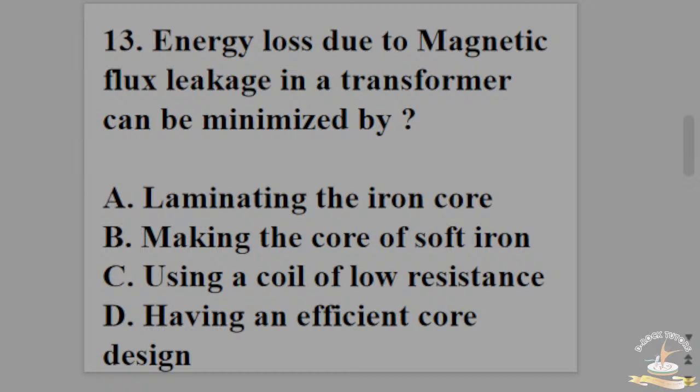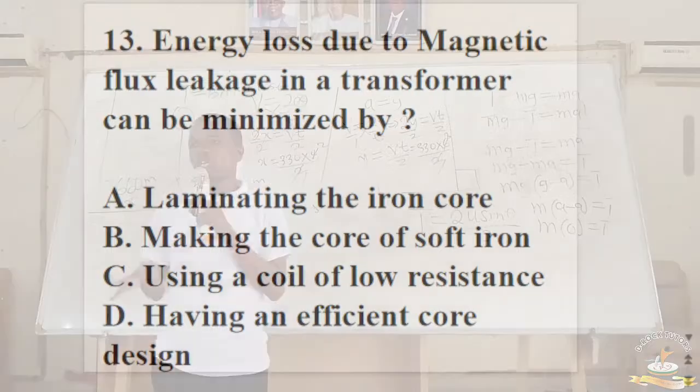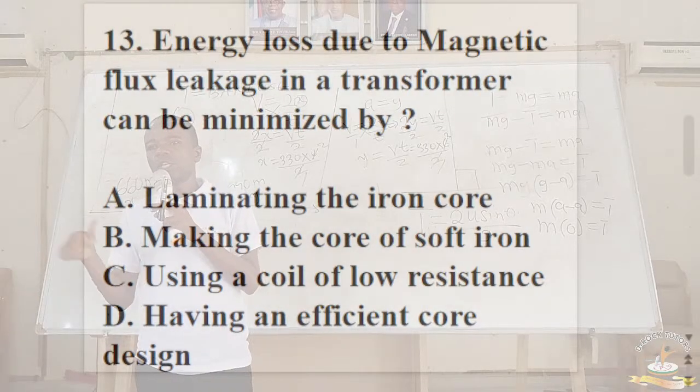Number one, energy can be lost through eddy current. The energy loss due to eddy current can be minimized by laminating the iron core. When you laminate the iron core, you create a gap. And because eddy current cannot pass across a gap, that minimizes the energy loss due to eddy current.